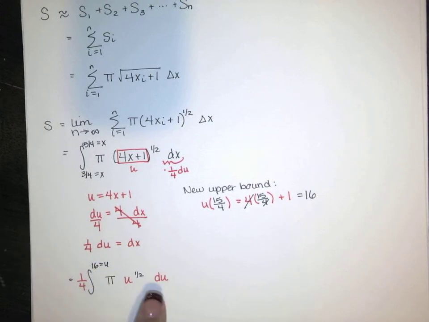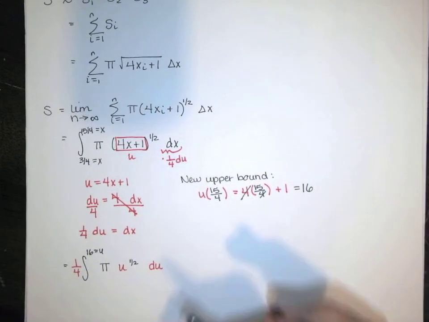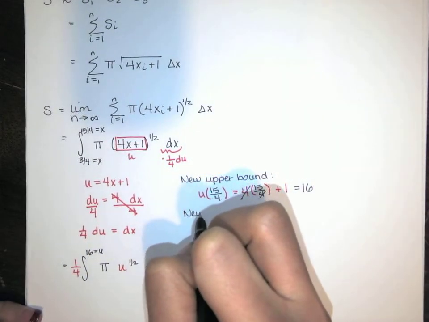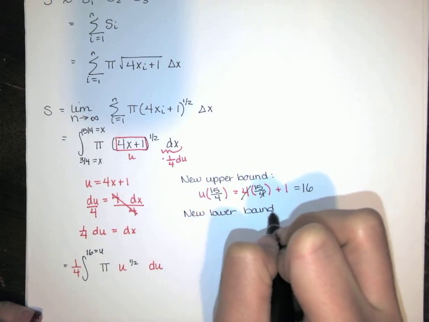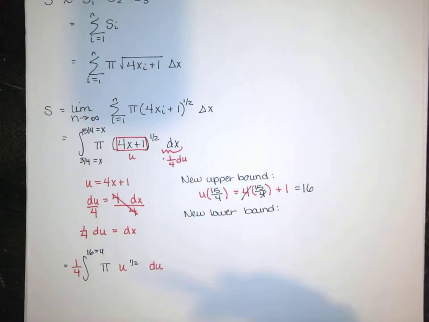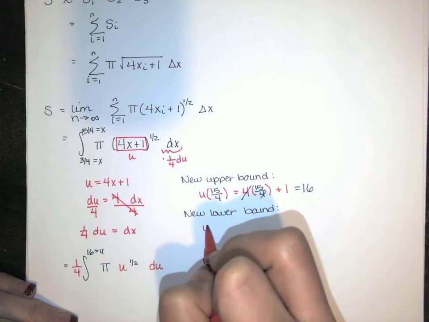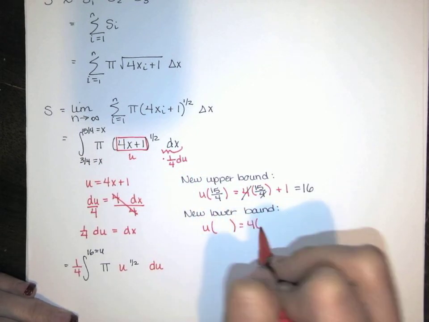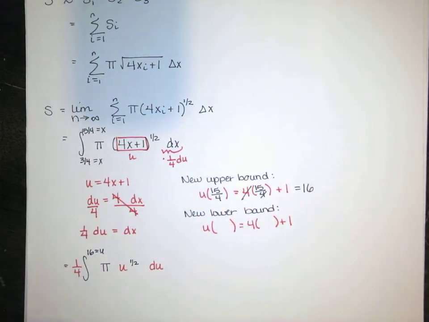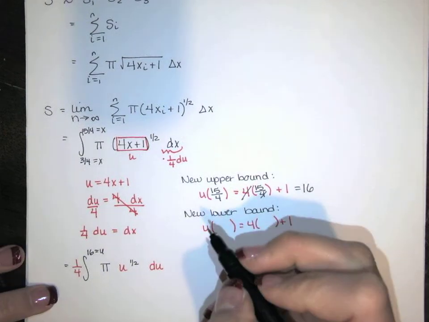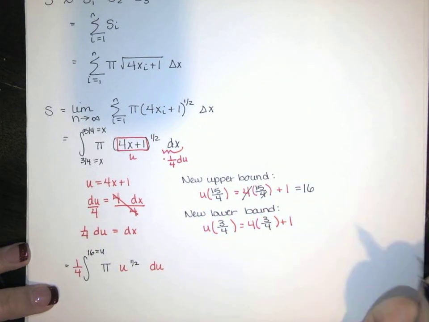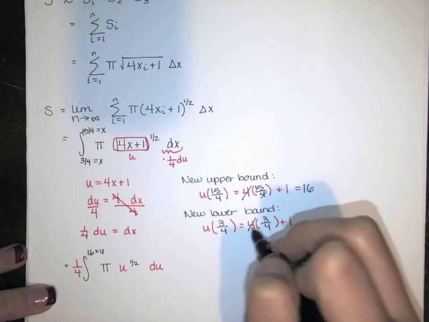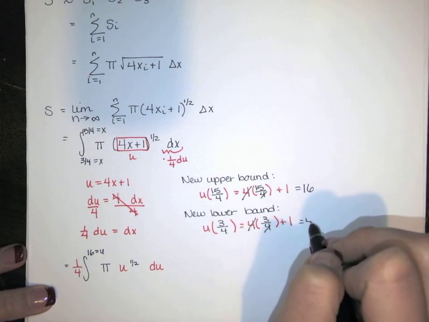And these have to be u values because of that du right there. My new lower bound comes from doing basically the same thing. I just take my old lower bound and I substitute it into my formula for u. So I'm substituting in a 3/4 for x, like this. The 4's reduce, I just get a 3 plus a 1, which is a 4.